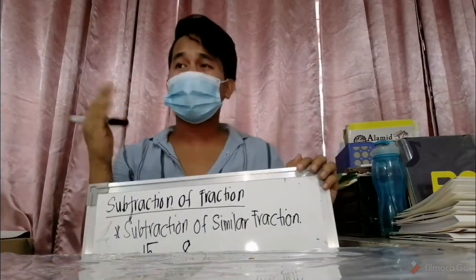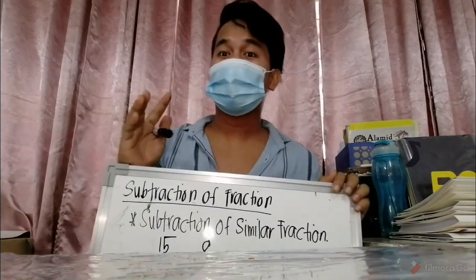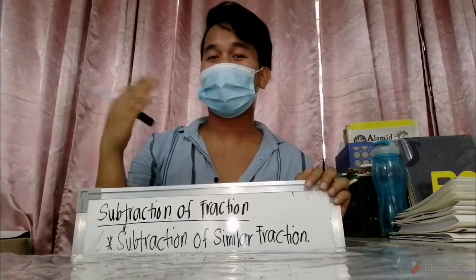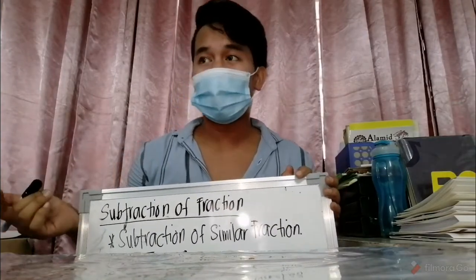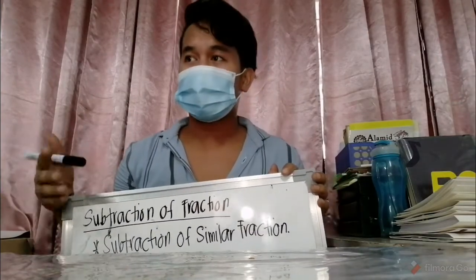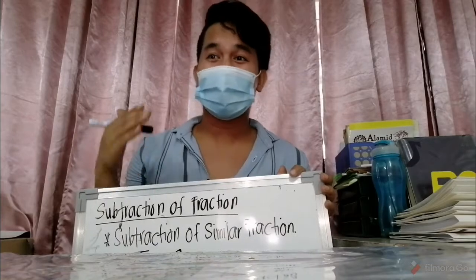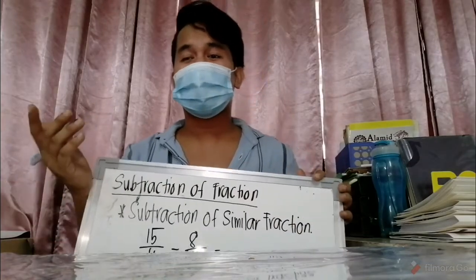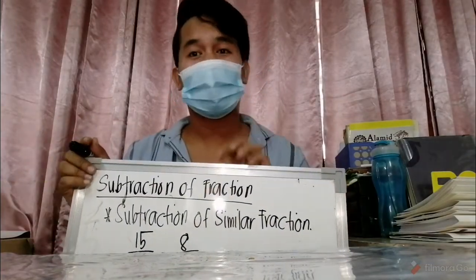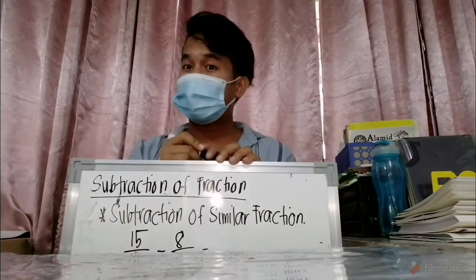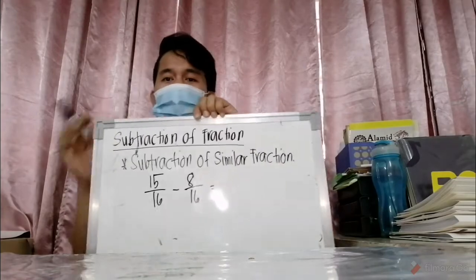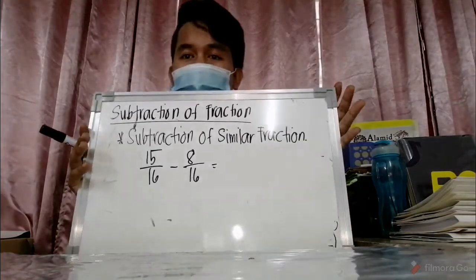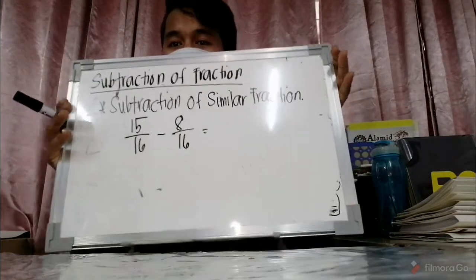As in addition, we simply deal with the numerators and then copy the denominator. Hence, to subtract, we subtract the numerators, copy the denominator, and reduce the fraction to its lowest term if needed. For example, consider we have 15 over 16 minus 8 over 16.